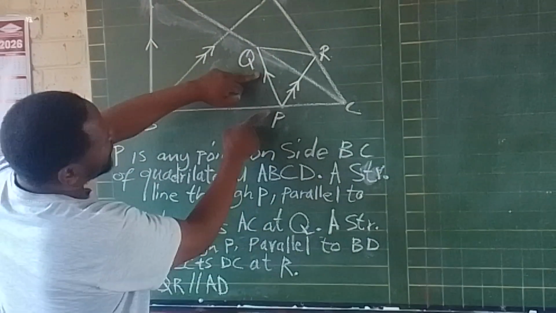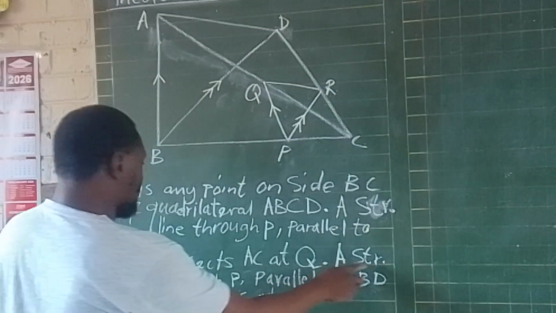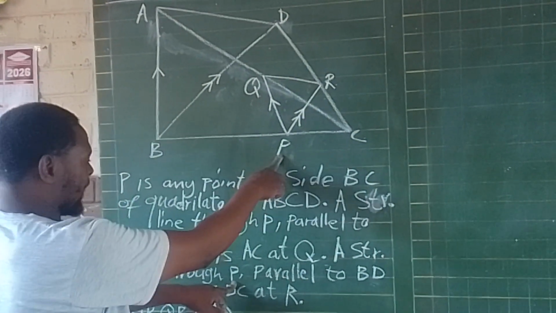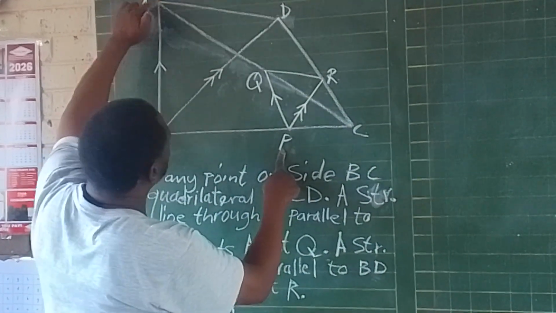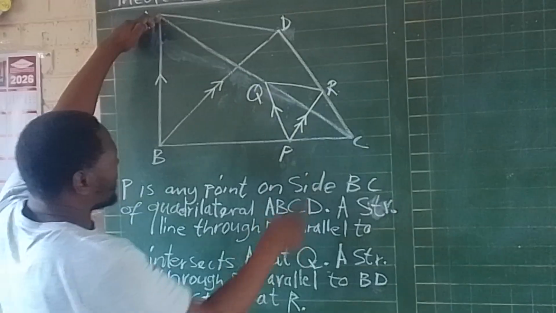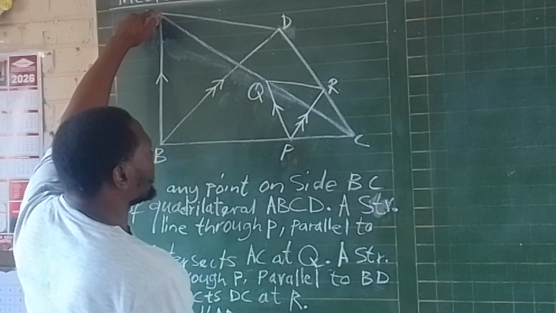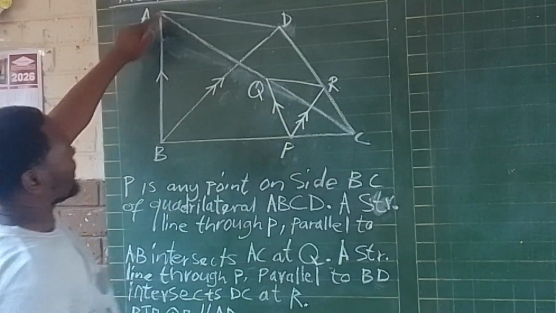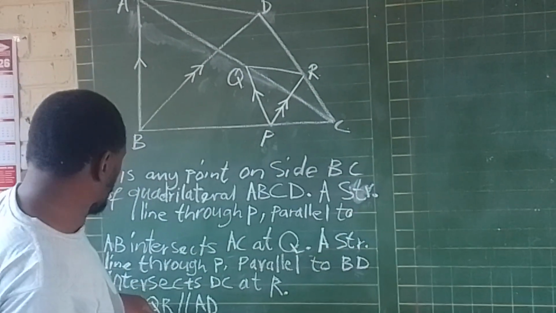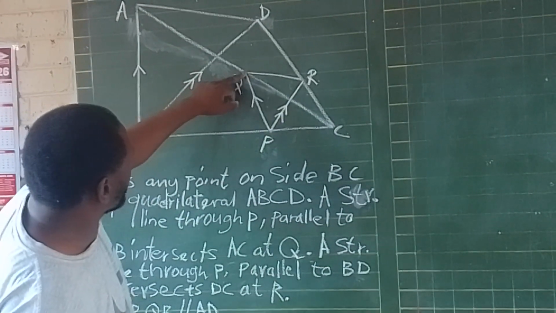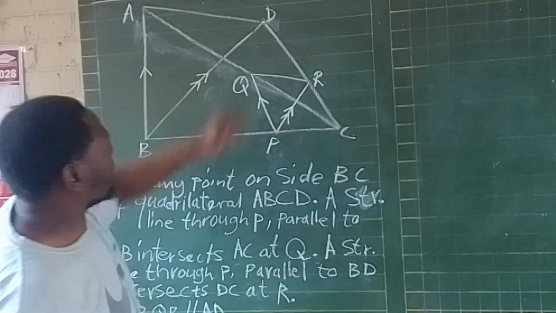You see that? It forms a QP parallel to AB, and a straight line through P again, parallel to BD, which is this one, intersects DC at R. So we are required to prove that QR is parallel to AD.